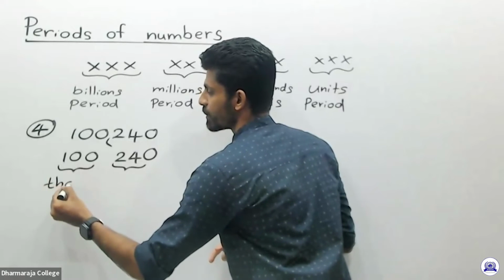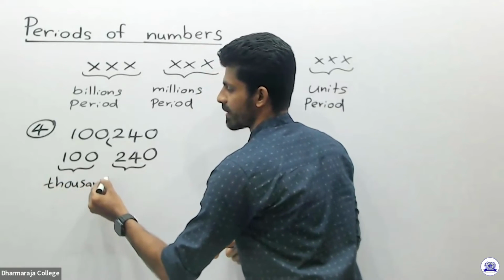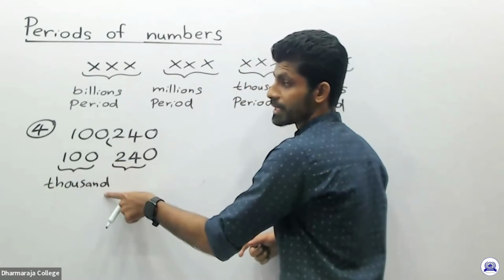This one equals 1,000. 100,000. How to read this number?